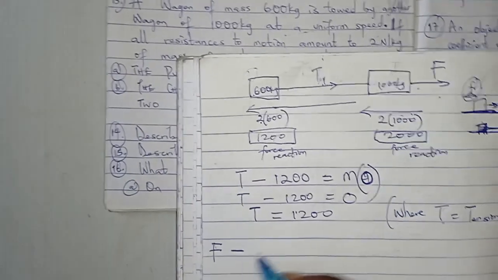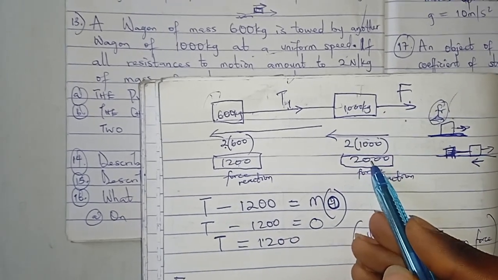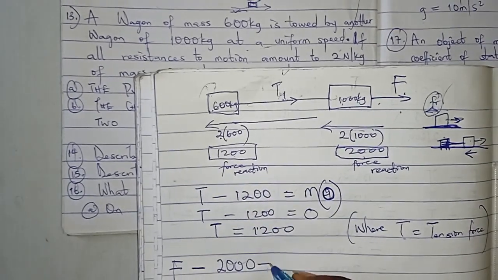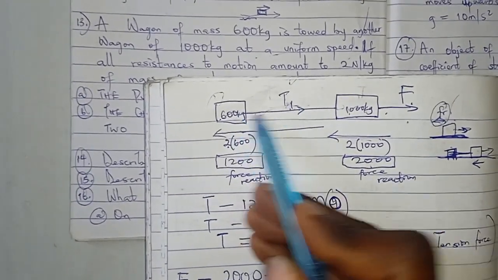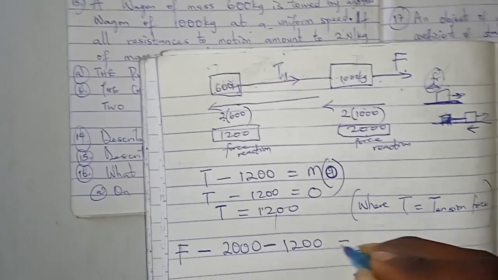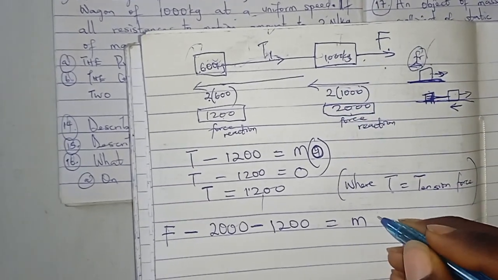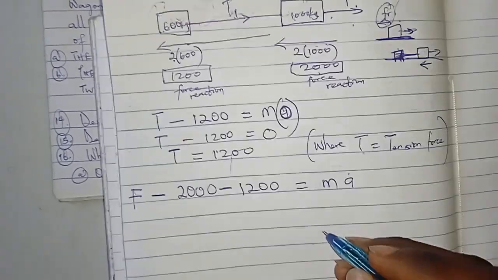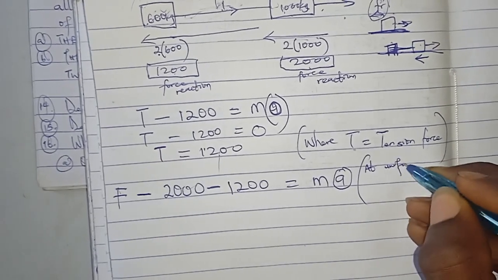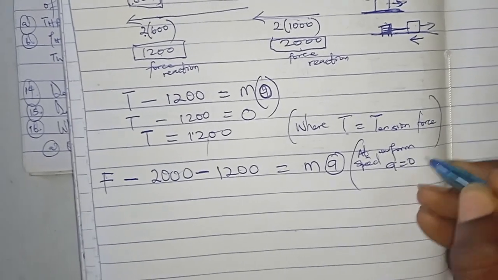So it will have its forward force minus the frictional force, which is this reaction force 2000, then minus the tension experienced from this, and that is 1200, equals the mass of this system times acceleration. But you know that acceleration is 0 at uniform speed.